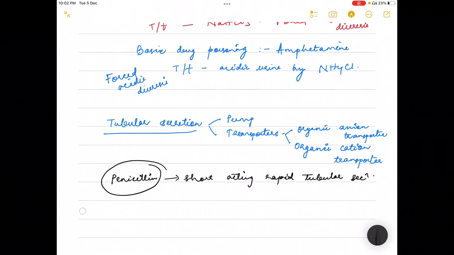So to make the penicillin long acting, probenecid is added. And what does this probenecid do? Probenecid has higher affinity for the transporter.